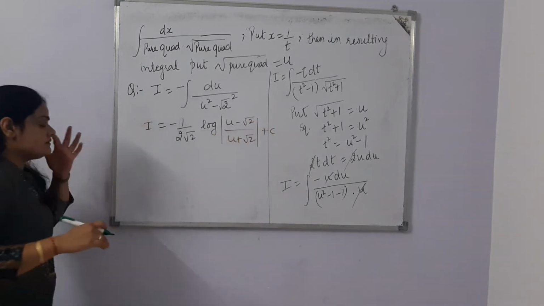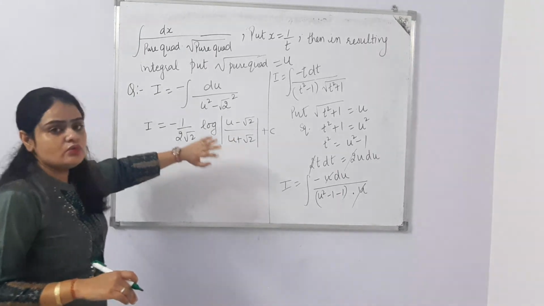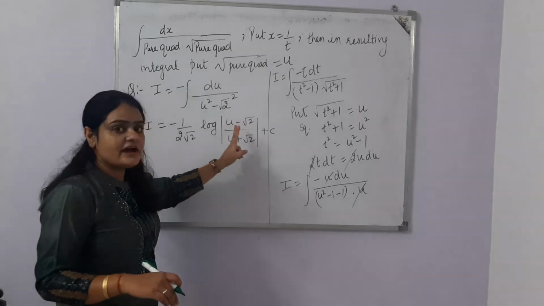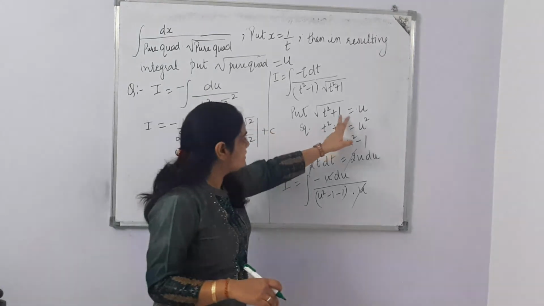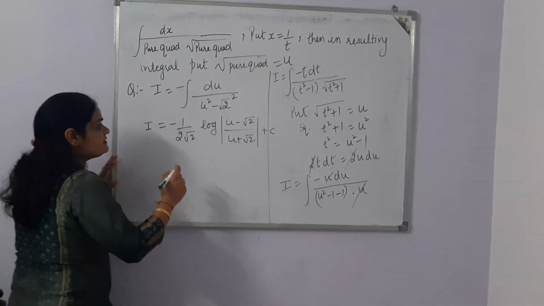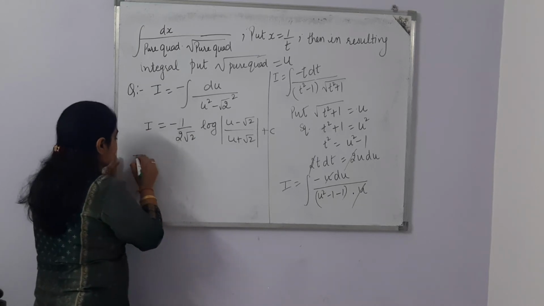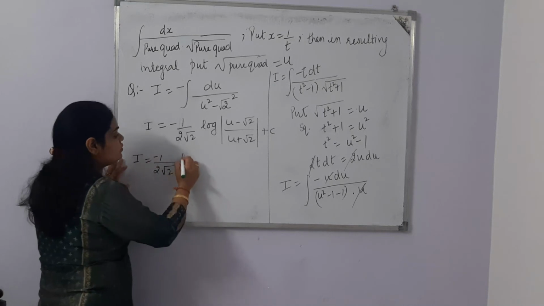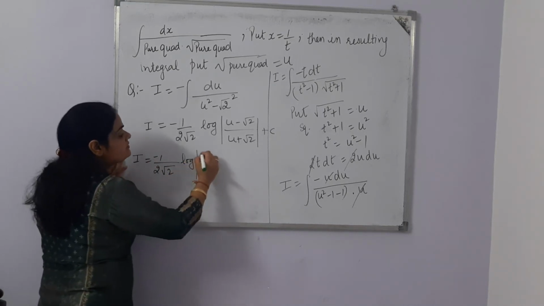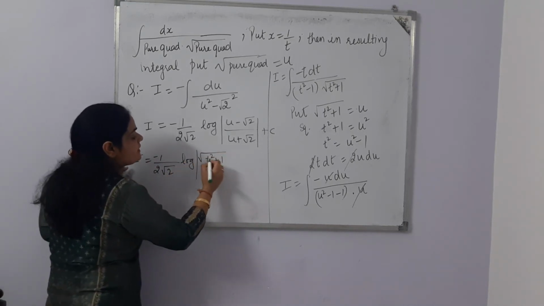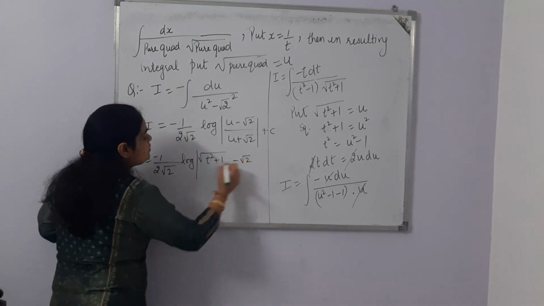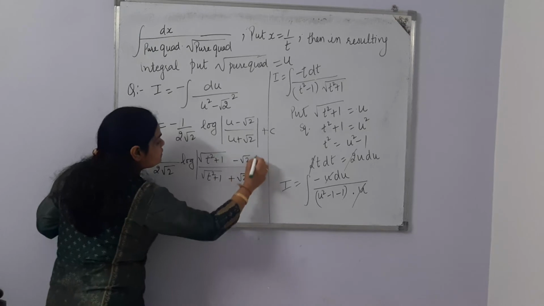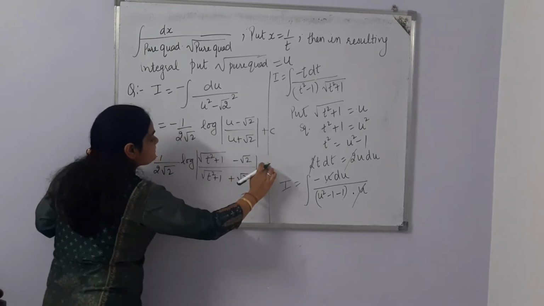Now it's in the form of u. First of all we need to substitute and find the answer in terms of t. Now what is the value of u? Minus 1 upon 2 root 2 log of u, where u is under root t square plus 1, minus root 2 upon under root t square plus 1 plus root 2, plus c.